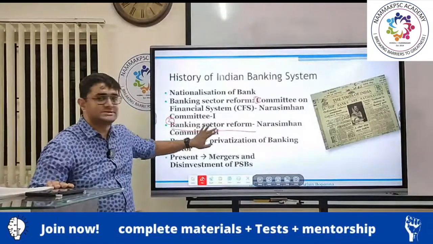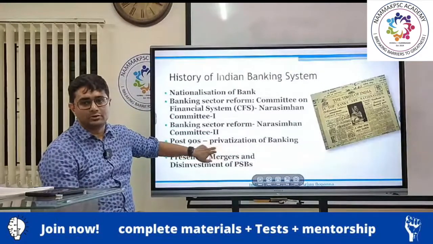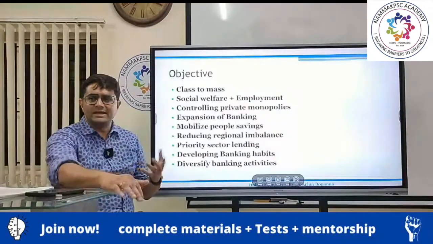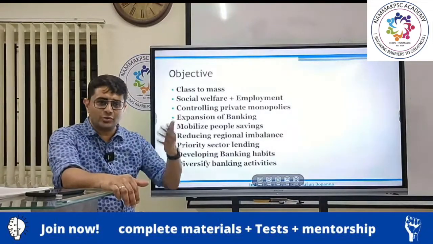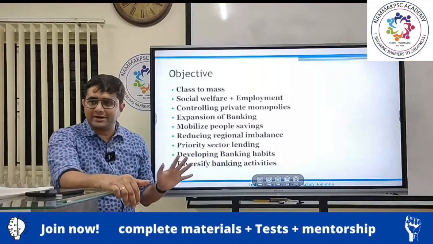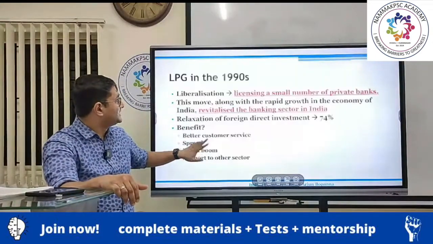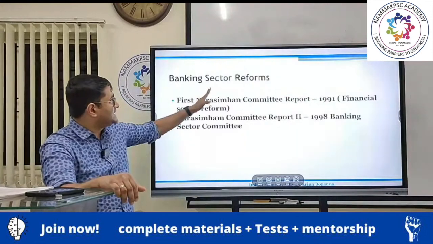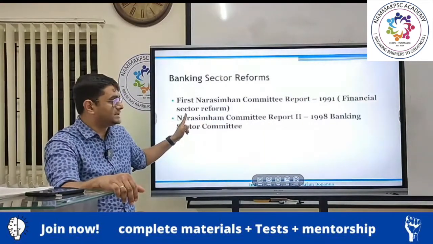So, two committees, Narasimhan committee 1 and Narasimhan committee 2. Very quickly we will see the recommendations. At least you should know what they have done. These are all evergreen topics. If not in detail, at least what they recommended. The first Narasimhan committee report, 1991, was on financial sector reform.